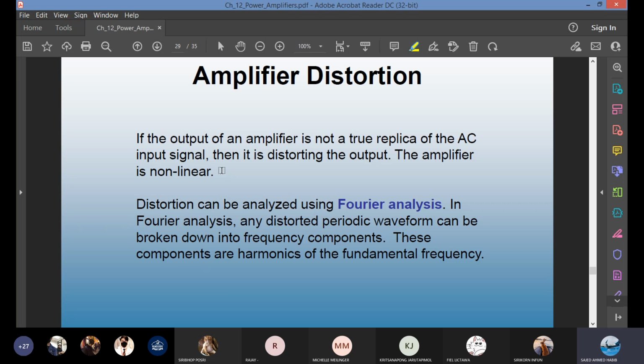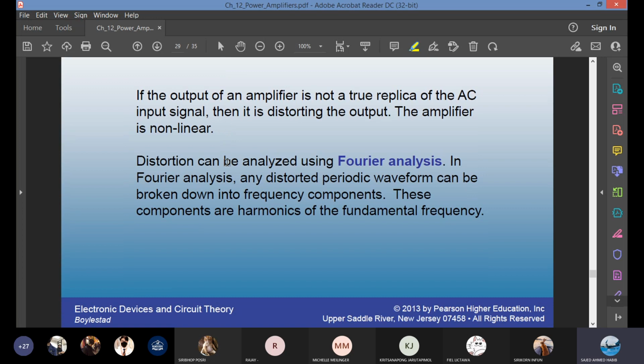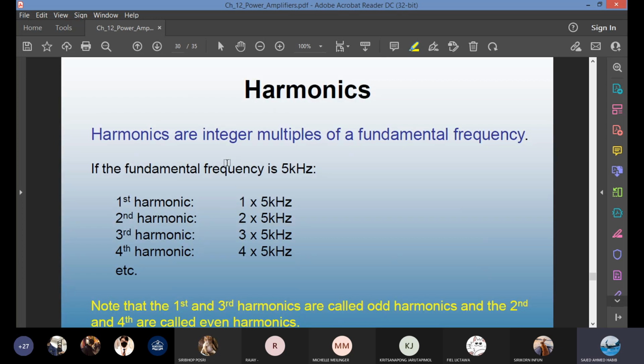But if it's corrupted, it will have small components which are called harmonics inside the output signal. And these harmonics are integer multiples of the main frequency. So in the distorted waveform, you will have 1 kilohertz, and 2, 3, 4, 5 integer multiples. We call it harmonics. When you combine, you'll get a very strange waveform.